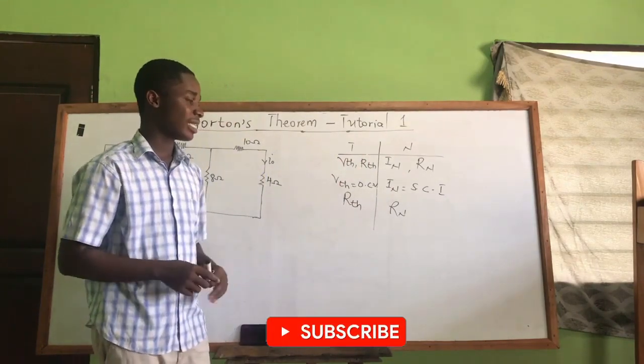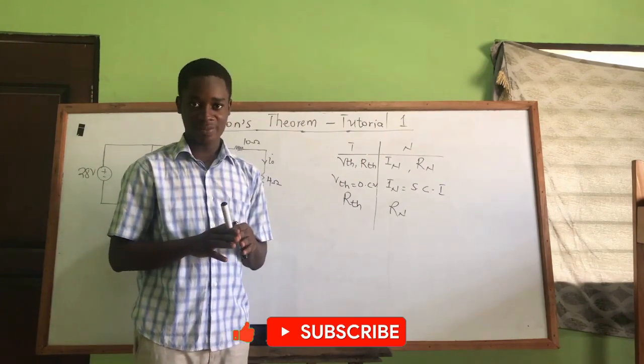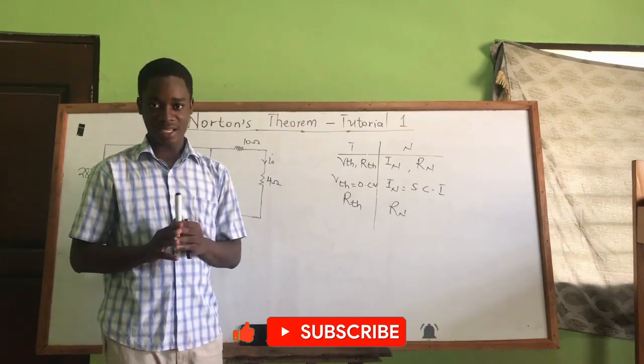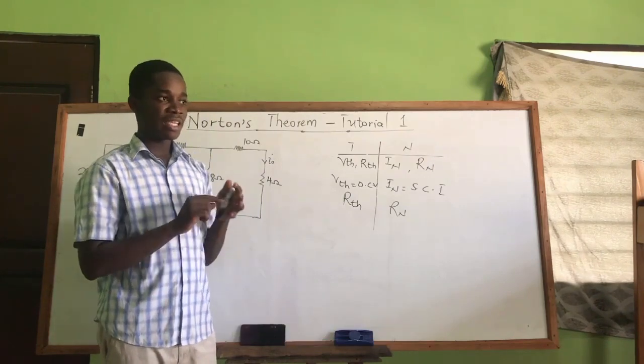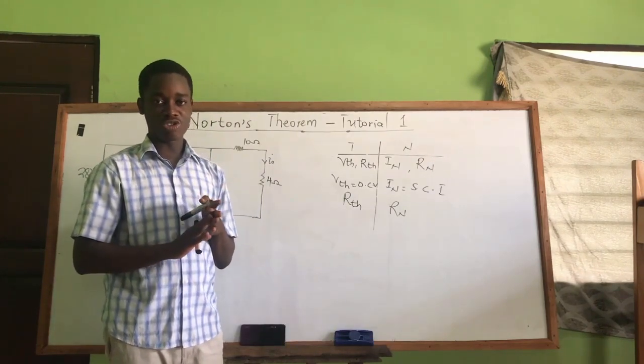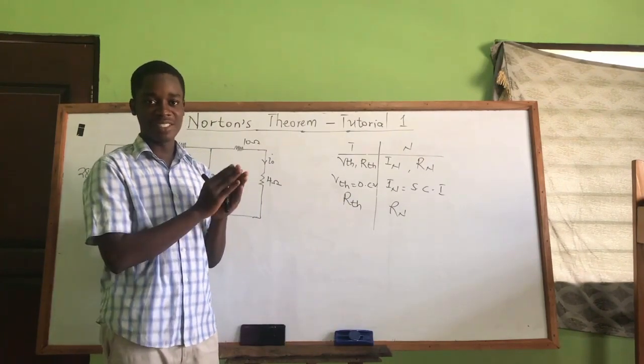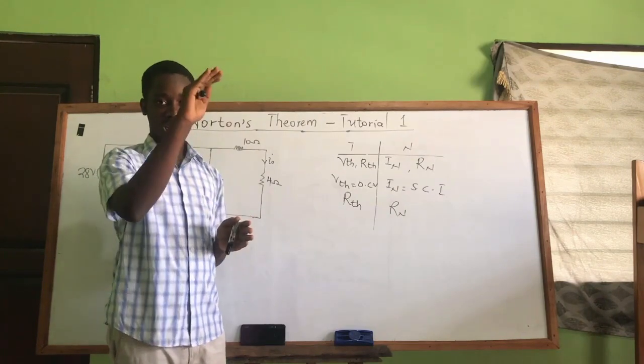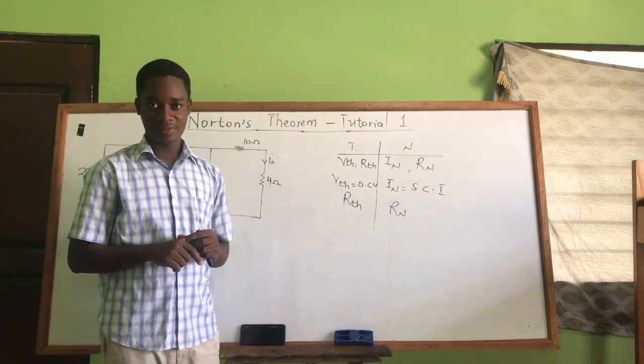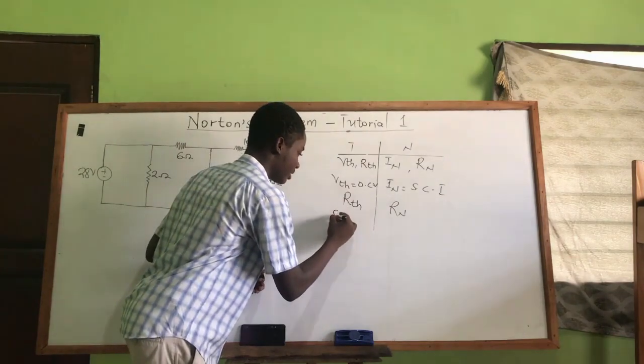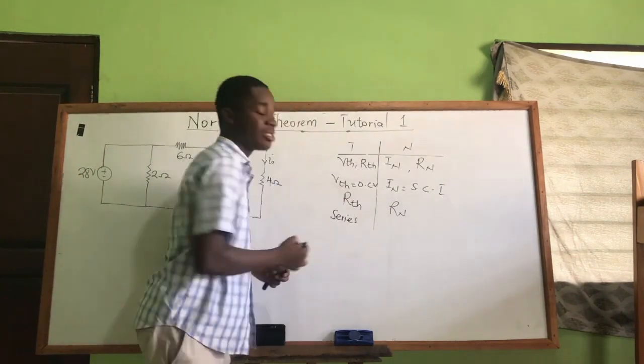And we also know that Thevenin's equivalent network is a series network. Why? Because when we get the VTH and the RTH, we draw a series network having the VTH connected to the RTH. They are in series. So Thevenin's equivalent network is a series network.